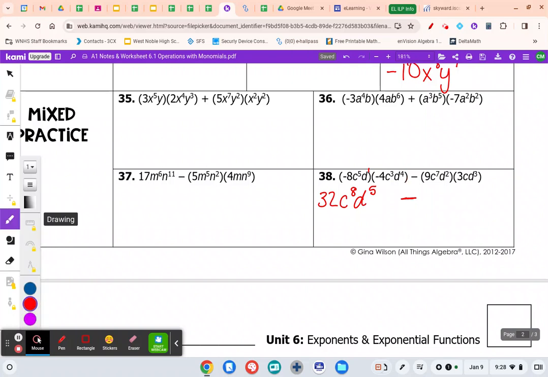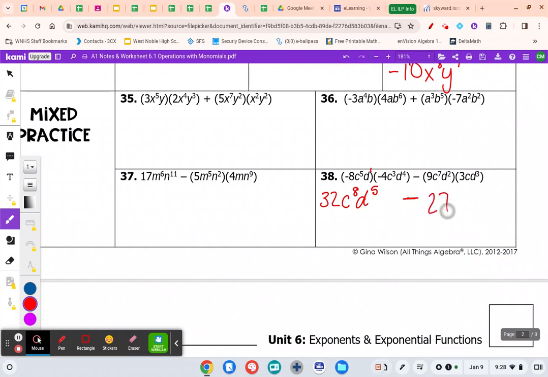Look at the second half. We have 9 times 3. That's 27. We have c to the 7th and c to the 1st. That is c to the 8th. And d to the 2nd and d to the 3rd. So that's d to the 5th. Now notice we're combining both multiplying and subtracting here.